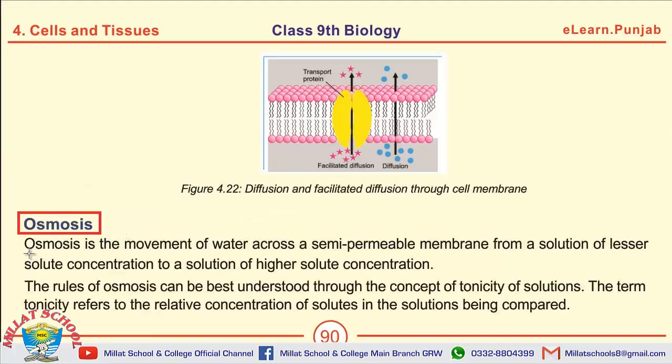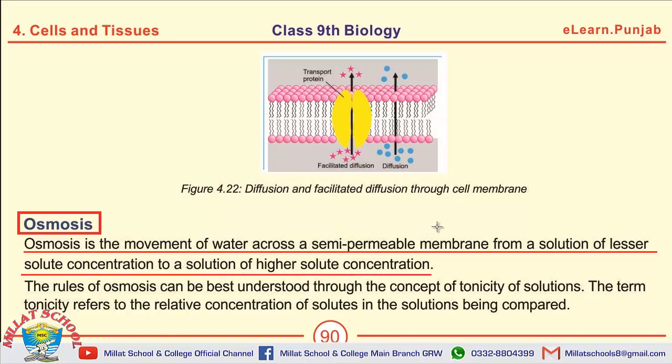Next topic is about osmosis. Another important short question, as well as a long question that can be asked in the examination. The first question is, what is osmosis? Osmosis is a movement of water across a semi-permeable membrane from a solution of lesser solute concentration to a solution of higher solute concentration.